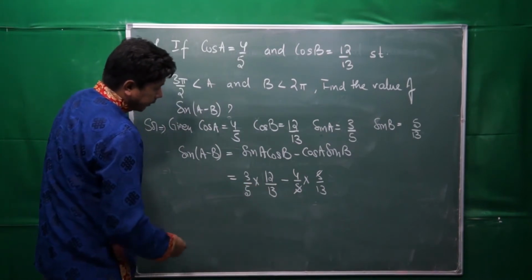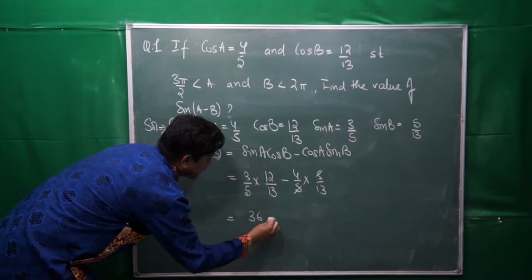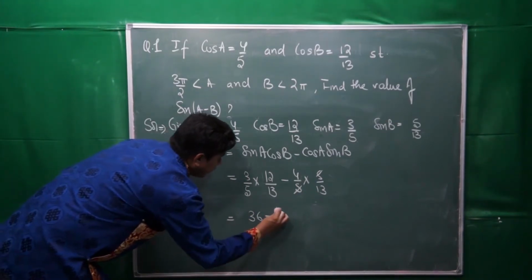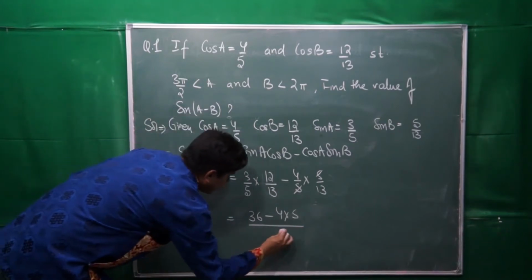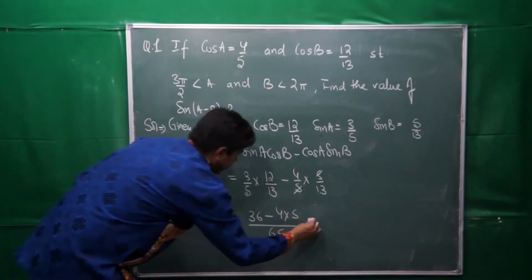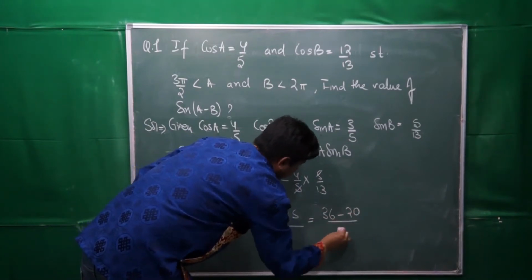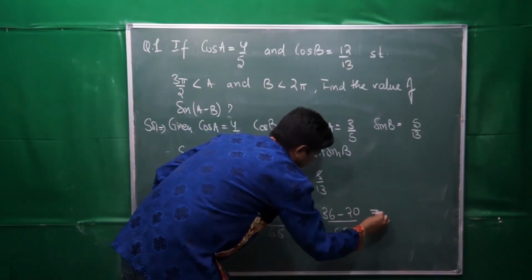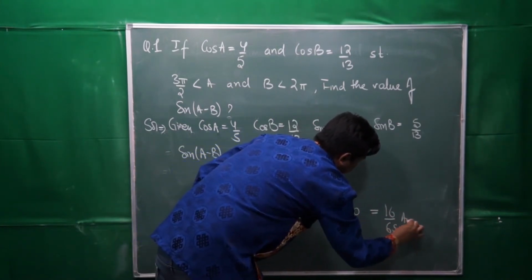Anything to be cancelled over here? Nothing. So we have 36 minus 4 into 5 upon 65, which comes out to 36 minus 20 upon 65 equals 16 upon 65.